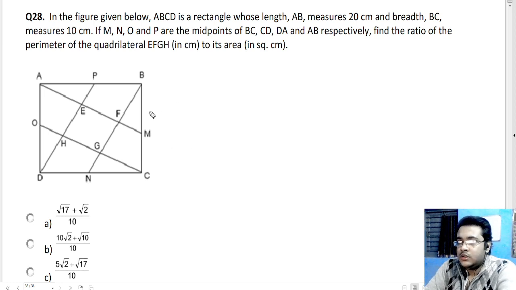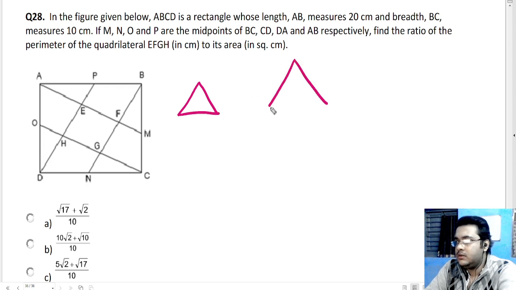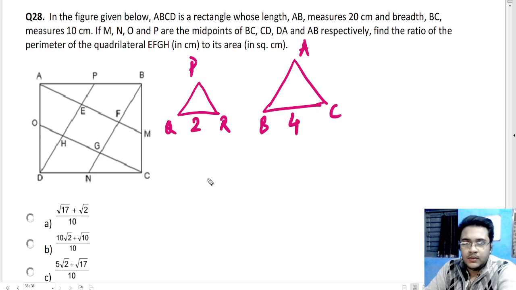If you have understood the basic proportionality theorem, you can appreciate the fact that two similar triangles, okay, I'm not going into the proof of anything, ABC and PQR. Suppose QR is equal to 2 and BC is equal to 4.